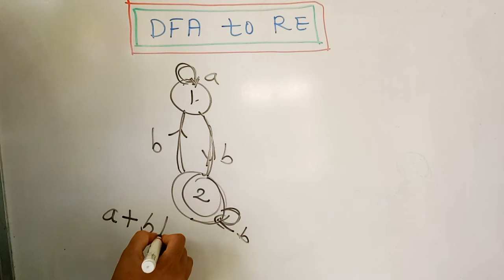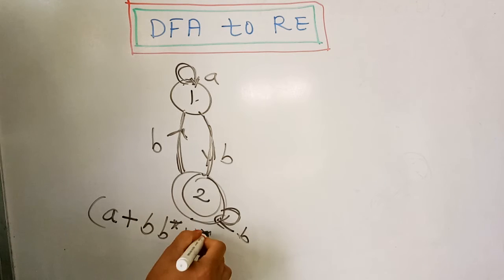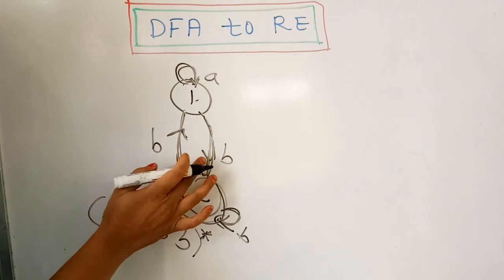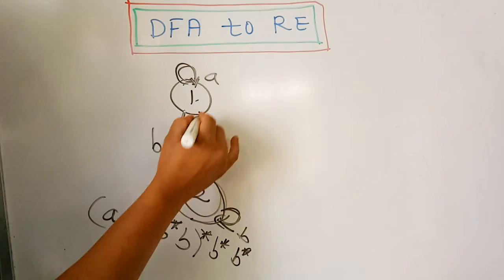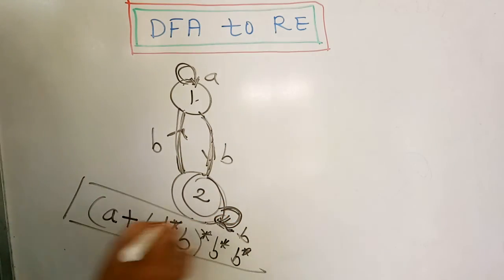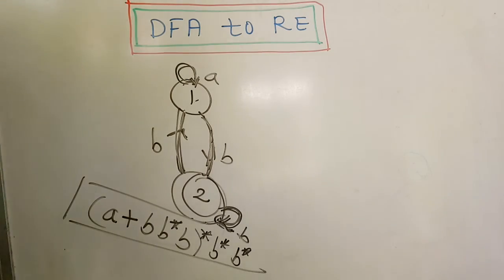So this is B star into again this B, and again you can make it a closure because it is giving us the loop. If you remove any one step from B or B, it will be like B star and again B star, because B gives B star and is again giving B star. So this is the final regular expression for this finite automata.